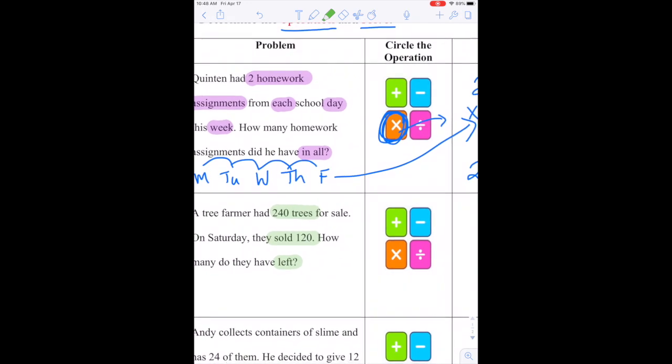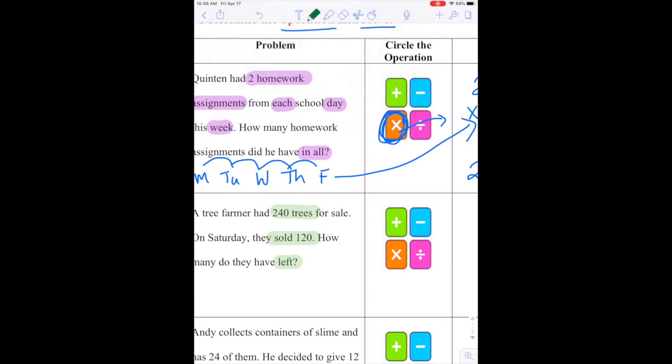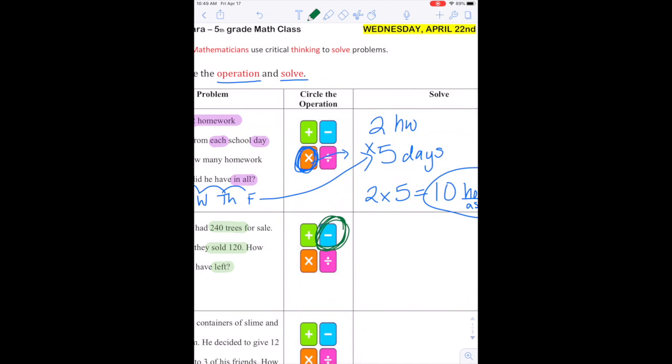And we want to know how much is left. So what operation would that one be? You are right, it is subtraction. So now we're going to go over and try to solve it. So we started with 240 trees. There was 120 that they sold. So we said they are going to subtract.